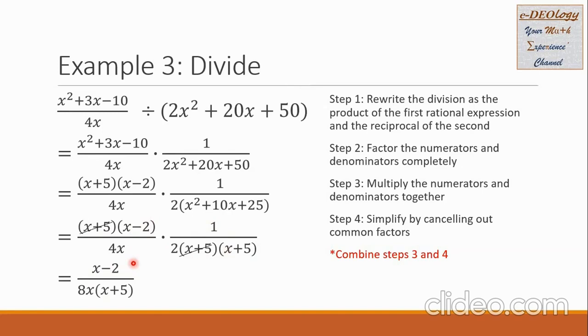In the denominator, we multiply 4 times 2 becomes 8, and the x will just copy here. Also, there is the binomial x plus 5. We'll just put it down here. So our final answer is x minus 2 over 8x times the binomial x plus 5.